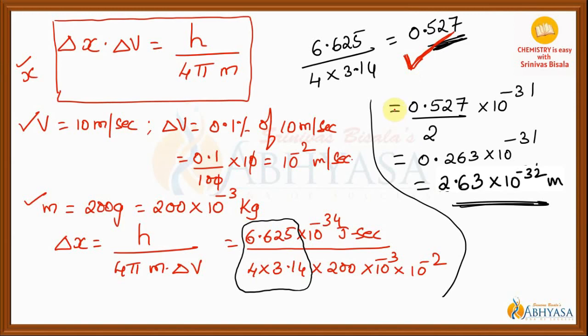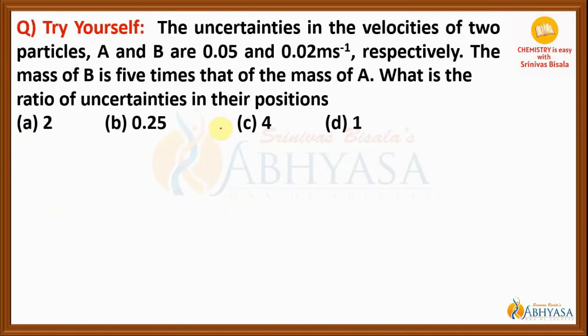Now let me give you another numerical for self-practice. This is a little bit different from the one I explained now. You need to use your brain a little bit. The uncertainties in the velocities of two particles A and B are given, and the mass of B is 5 times that of A, and we need to find the uncertainties in their positions.